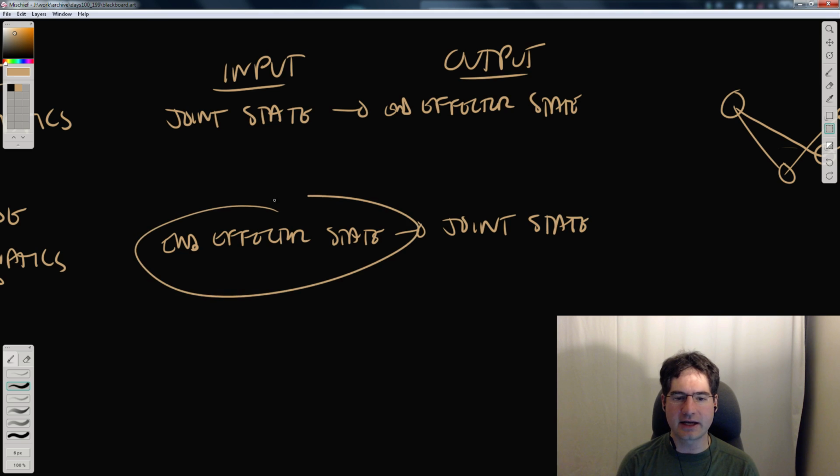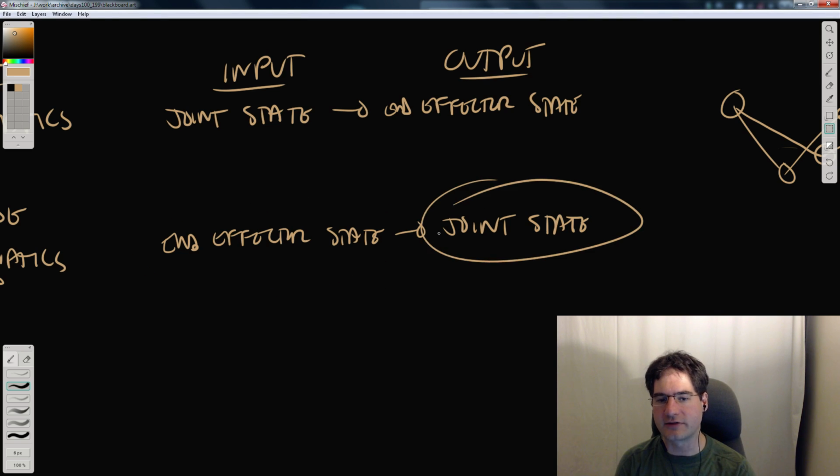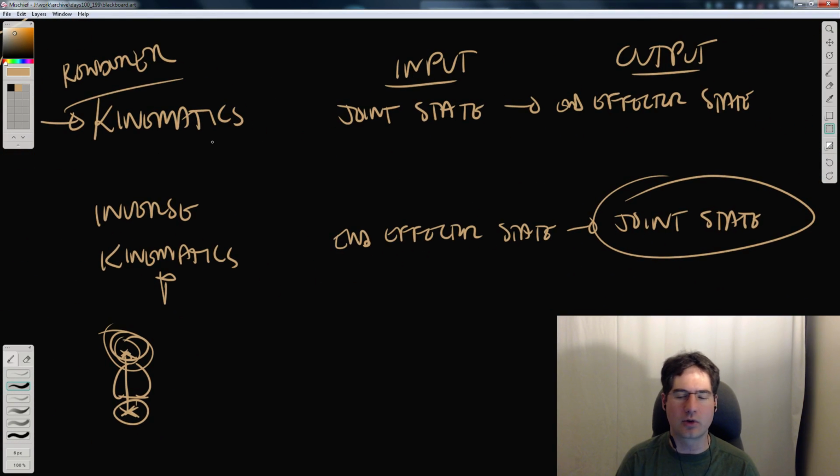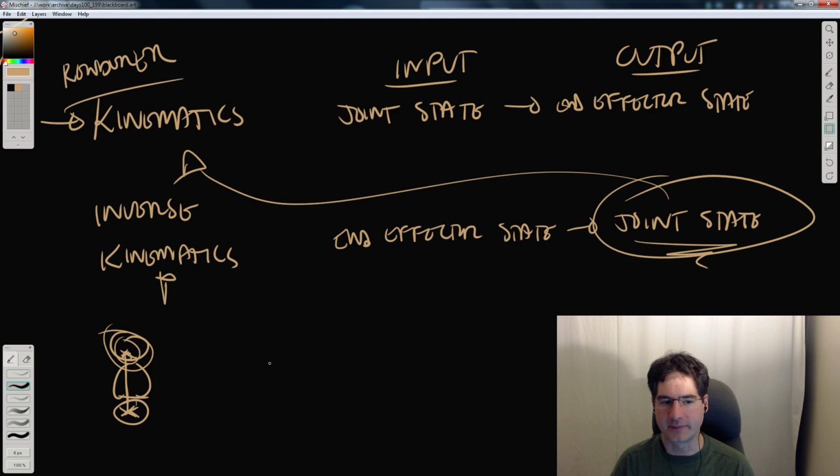It's the act of taking an end effector state and producing the joint state from it, such that other parts of the system, whether it's a renderer in game development, an animation system, or something in the real world like a robot that needs to set its motors, can use it. We need to know what that joint state is because it needs to feed back into the other parts of the system. Okay? So how do we do that?